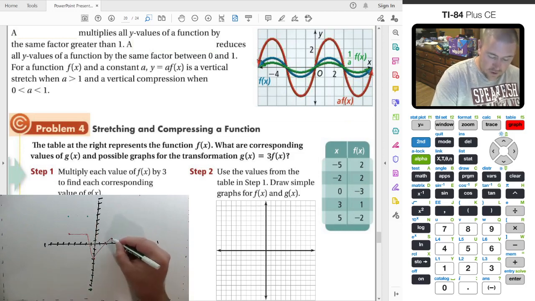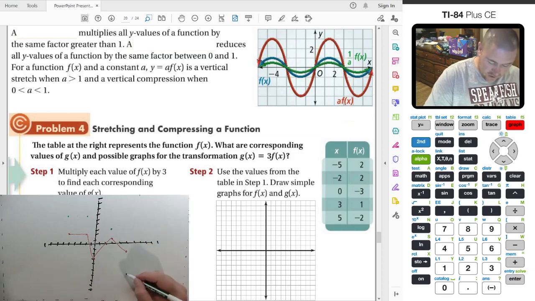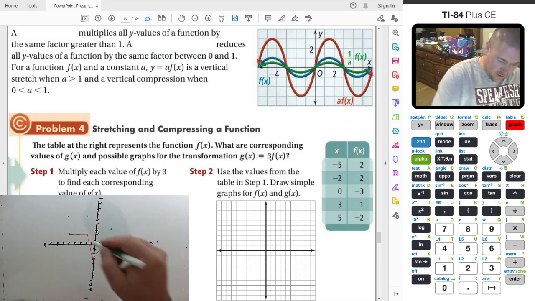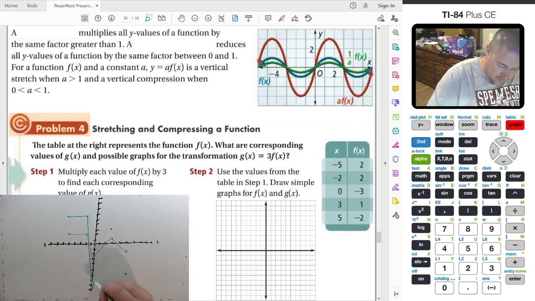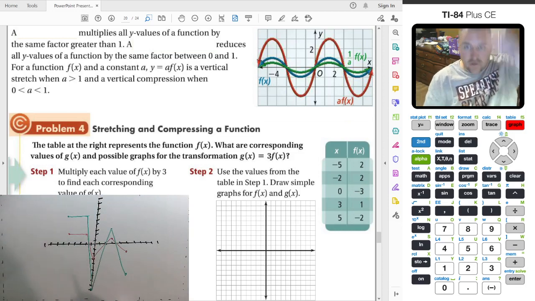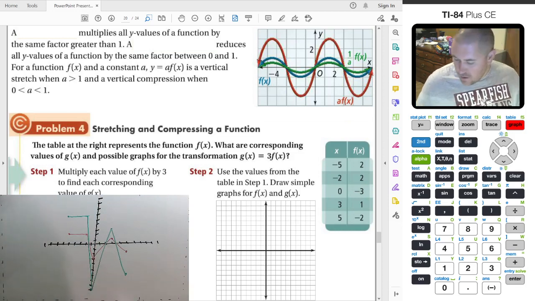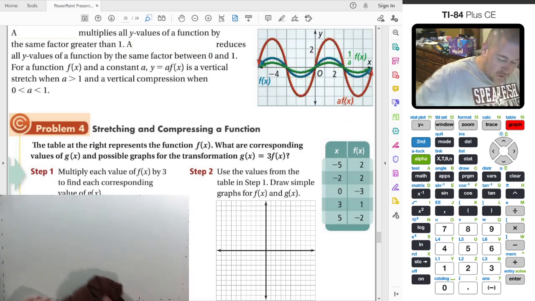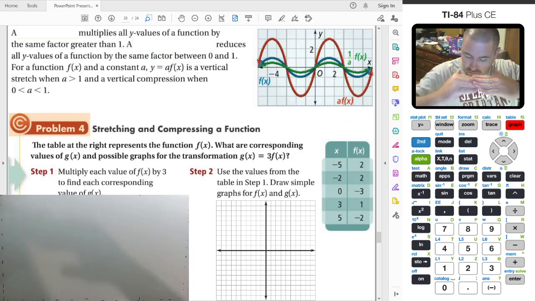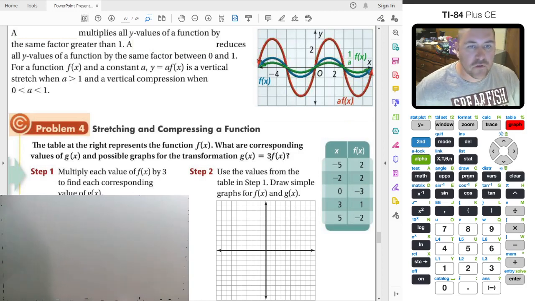Instead of 3, 1, it's 3, 3. Instead of 5, -2, it's 5, -6. And you can see it follows the same pattern, but it is literally stretched 3 times as tall. Okay? So if you ever run across that, you literally just take those points, multiply them by whatever your scale factor is.